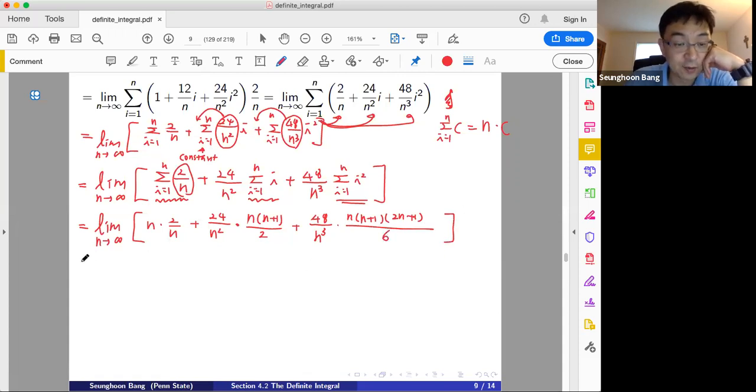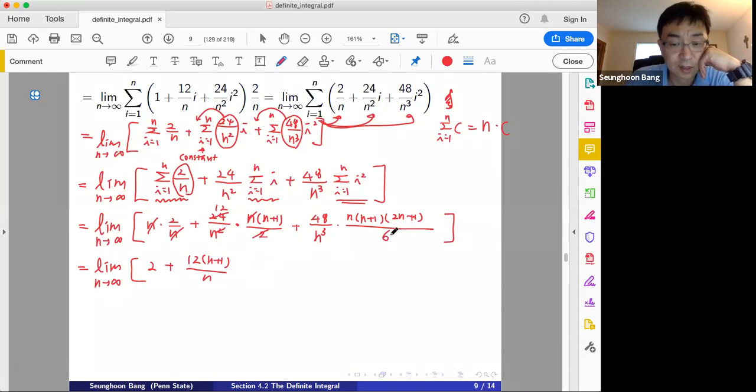Next, simplify. This is the limit as n approaches infinity. n is crossed out, only 2. One n is crossed out, 2 is crossed out, 12. What's that? 12 times (n plus 1) over n.